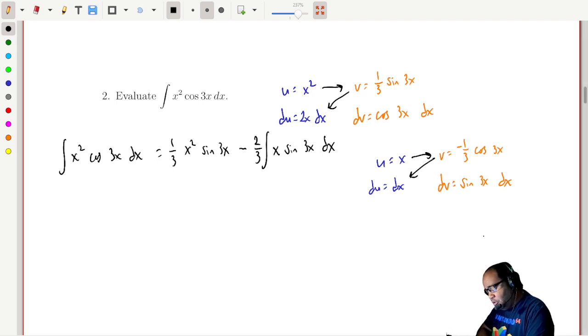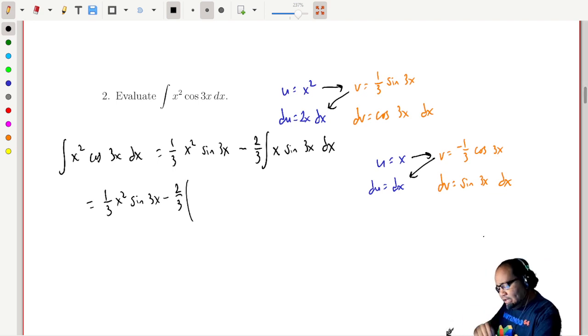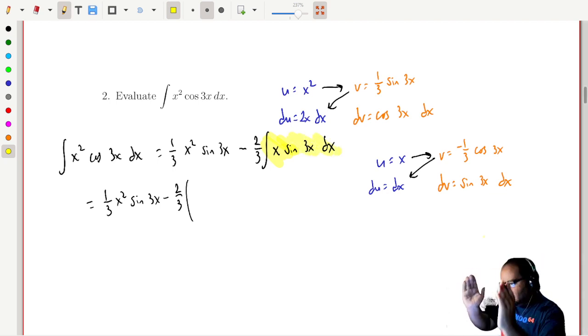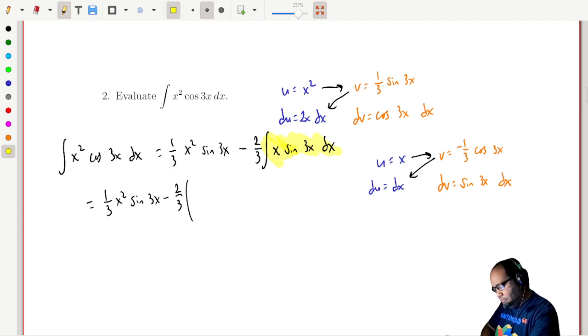And now, this is where we're going to have to be a little careful. We write our first stuff down. Now, minus 2/3. Now, we're integrating this next part here by parts. So that's why I wrote the parentheses down, okay?